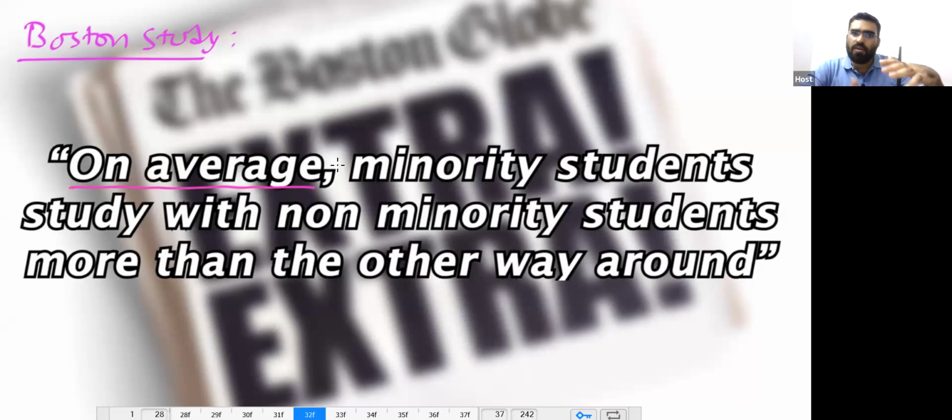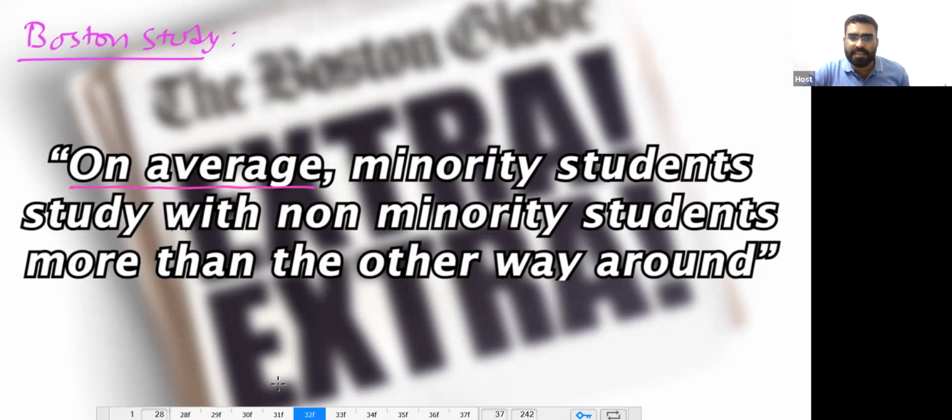It does not matter whether minority people or non-minority people are more friendly, because on average this data will always be there. On average, minority people will always be more friendly than non-minority people. It does not have anything to do with reality, yes or no.